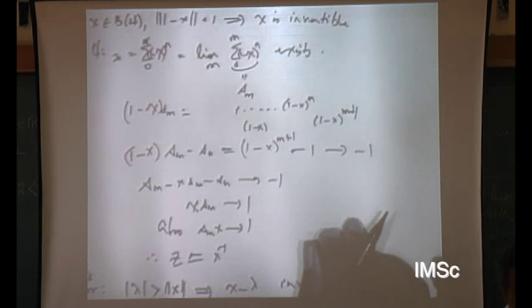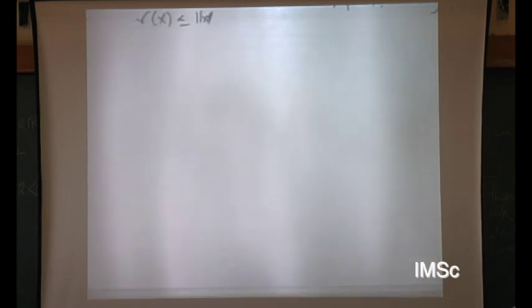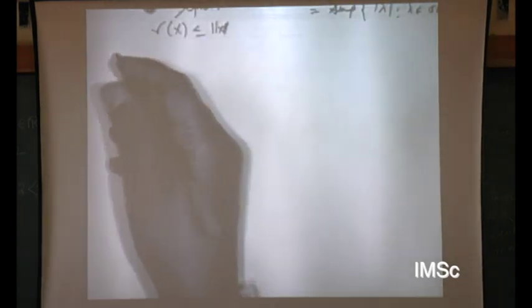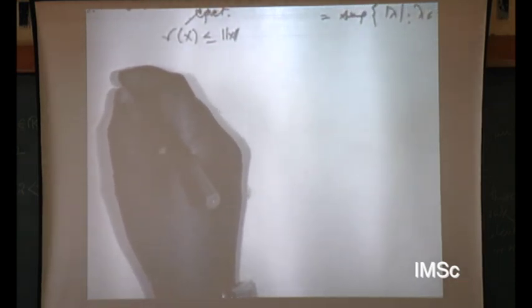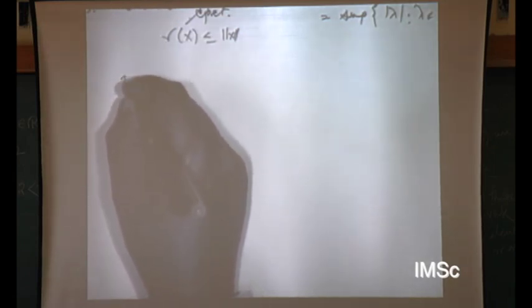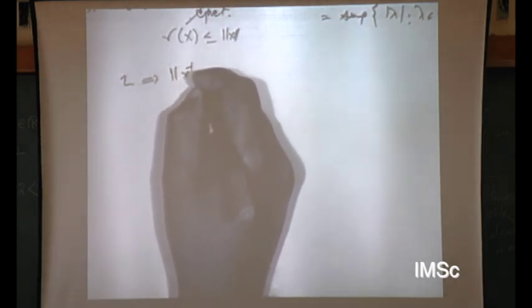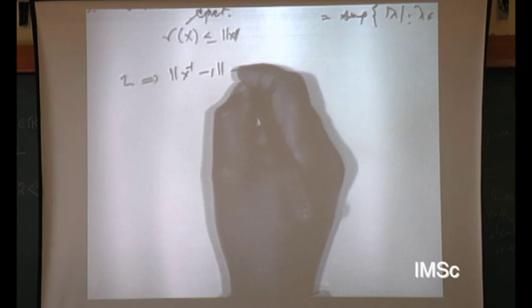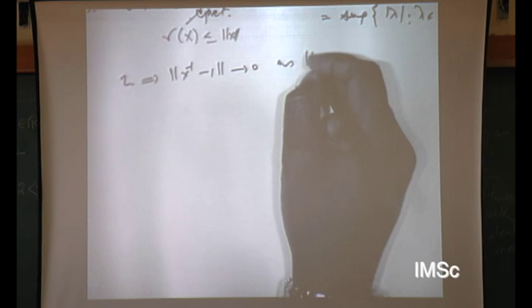If you multiply that whole thing by an invertible element, I'm saying too many things, maybe. What I'm saying is that what we showed was that norm of x inverse minus 1 goes to 0 as norm of x minus 1 goes to 0.